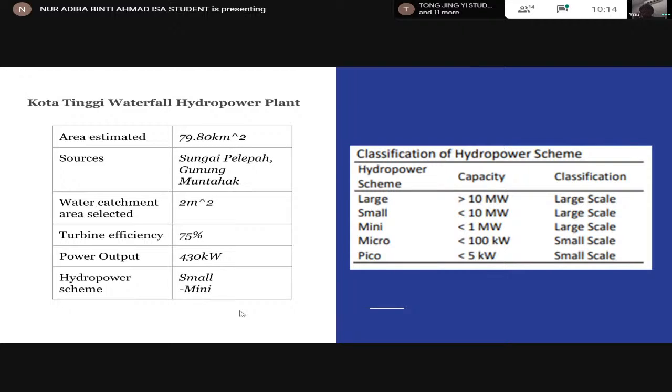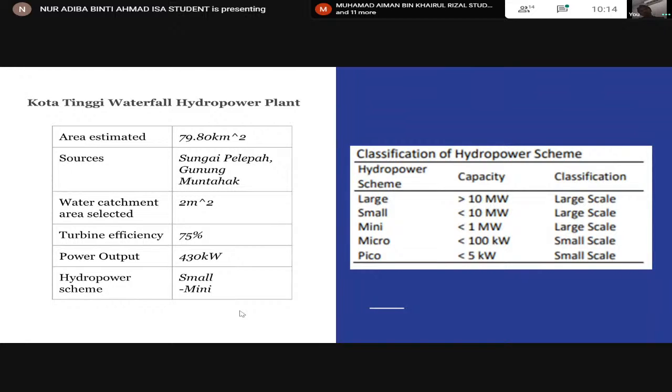We use a turbine efficiency of 75%. With the calculation of the Bernoulli equation, we can find the power output, and based on the turbine power, we can calculate the power output, which is 430 kilowatt.